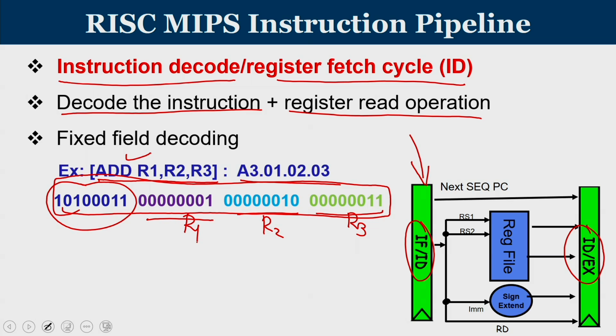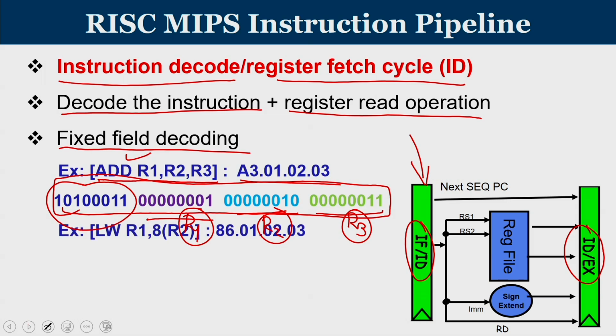So, I should not even wait for what the opcode is. I can go and find out the 8-bit values that will tell you the names of the registers. This process is known as fixed field decoding, as the number of bits required to represent the opcode and the operands are predefined.